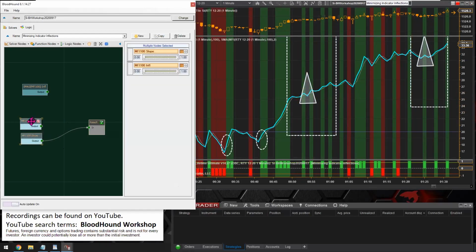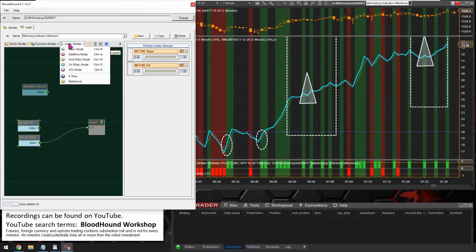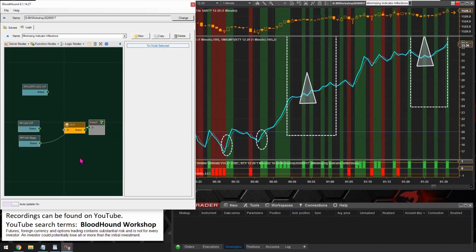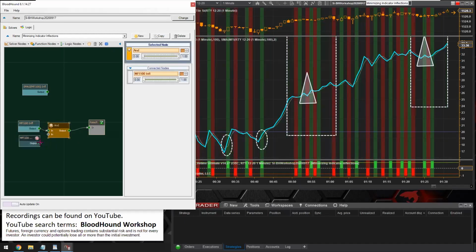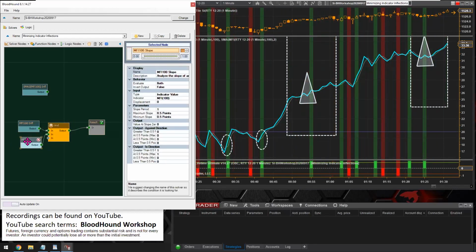So let's just take that for now. And the next thing we need is an AND node. So if we combine these two together, what we're doing is using the slope of the indicator to filter out, remove some of these inflections of the inflection solver.